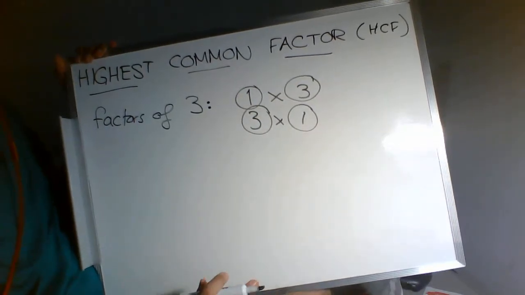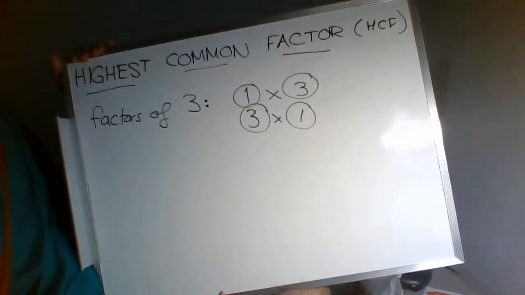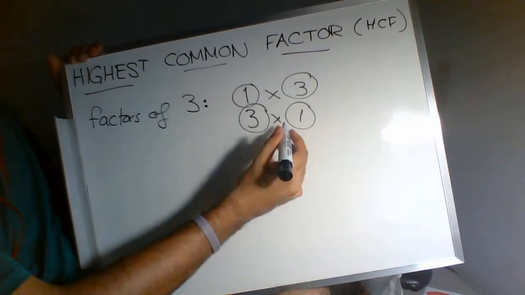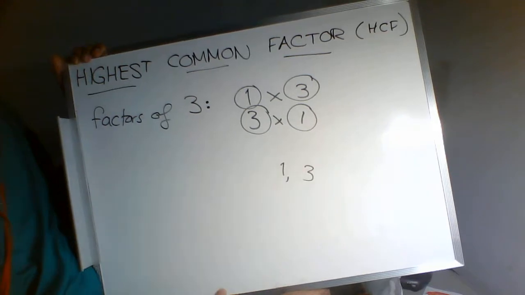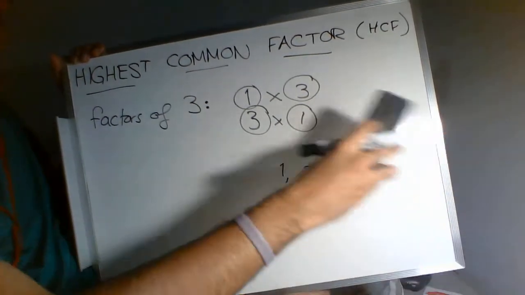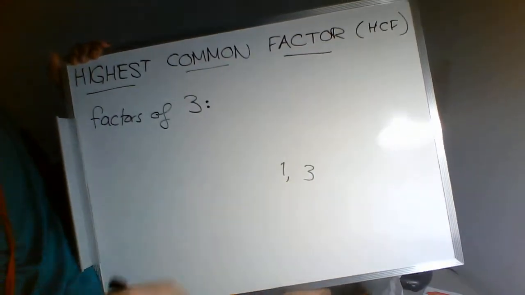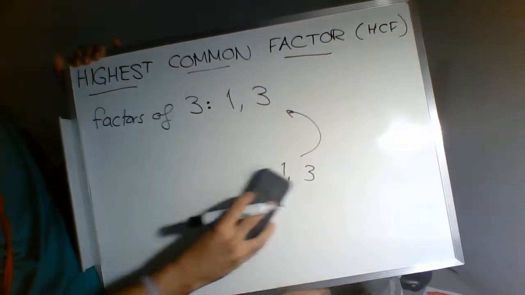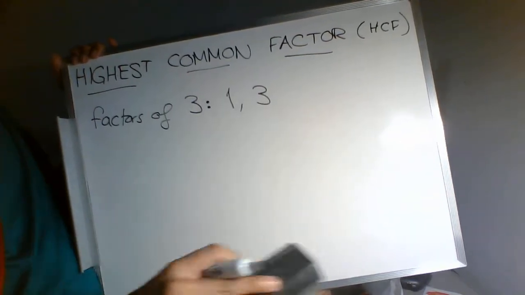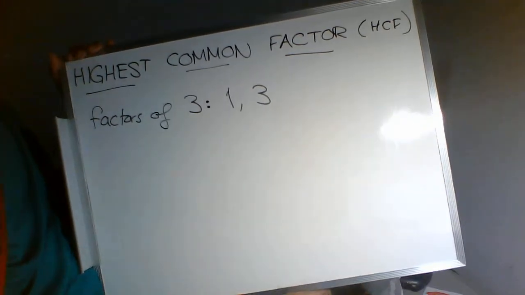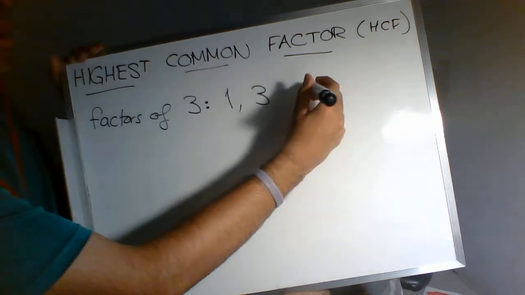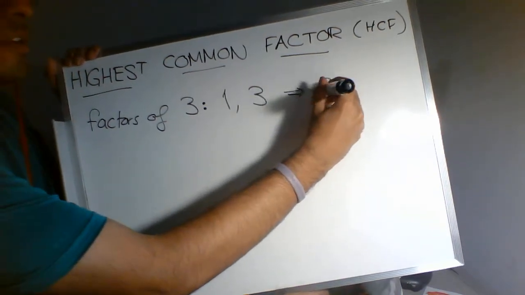We don't care how many times they show up, but how many different numbers do we have here? Just 2, 1 and 3. So 1 and 3 are the factors of the number 3. And because there's no other way to get to 3 other than taking itself and multiplying it by 1, we know that 3 is prime.